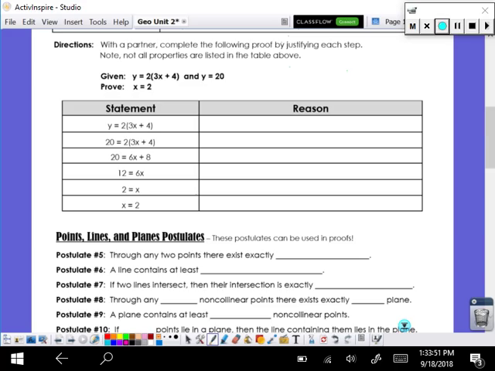You can pause it and try to do it on your own, or just follow along with me. I'm going to label my different steps, my different statements: 1, 2, 3, 4, 5, 6. These statements are just the steps we're using to solve the equation. Our reasons are going to be the justifications, or the properties that we just reviewed.